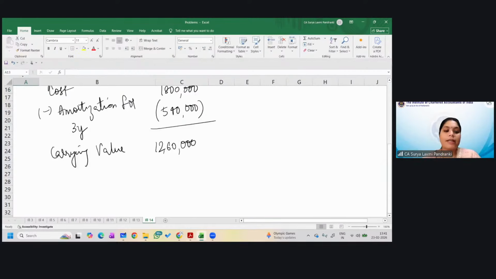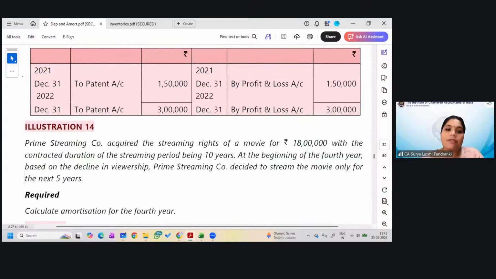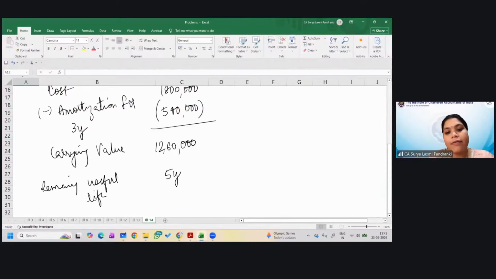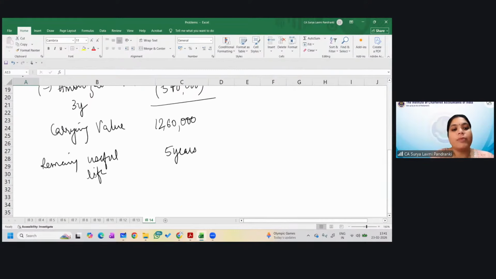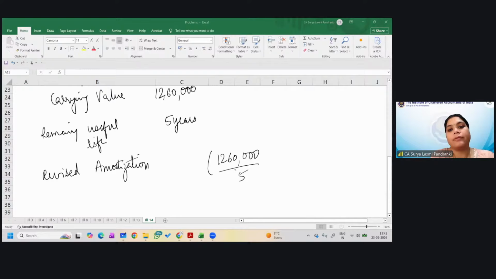Now, what did they decide? They have decided that the remaining useful life is how much? Actually, useful life should be 7 years. But they have decided that the remaining useful life is only the next 5 years. Next 5 years only we can use this. Which means, what is the revised amortization? 12,60,000 divided by 5.